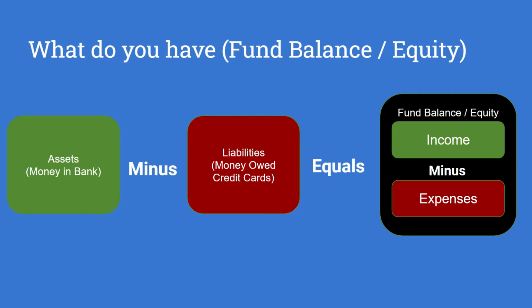If I have $100 come in and I spend 50, my worth is worth 50. So I just thought that was kind of a fun way to look at things that make it a little more readable to me when I switch this equation around to assets minus liabilities equals your fund balance.